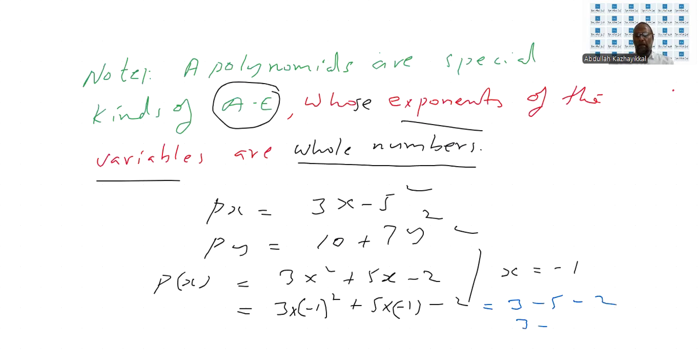What is 3 minus 7? That means minus 4, not plus 4. All of you please write. Minus 4, not plus 4. Are you following or not?